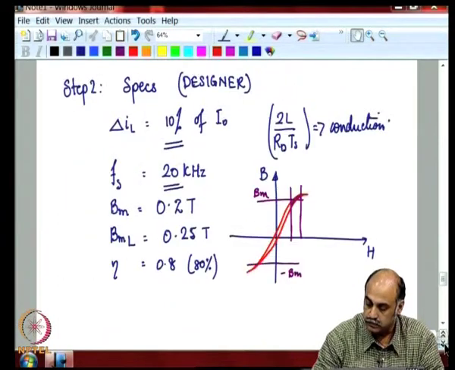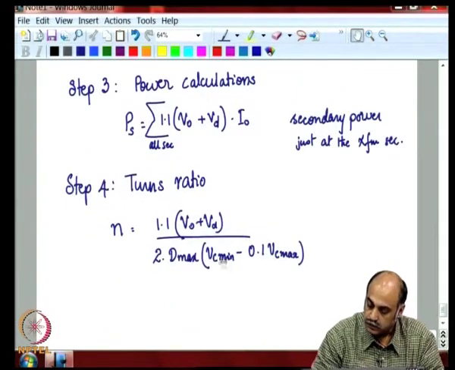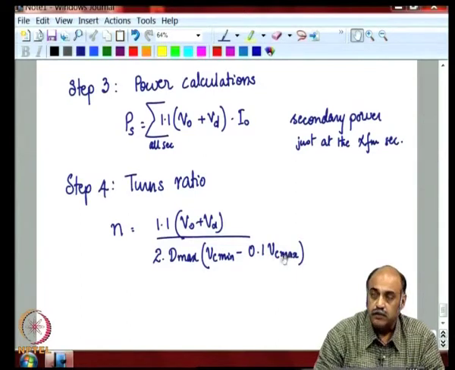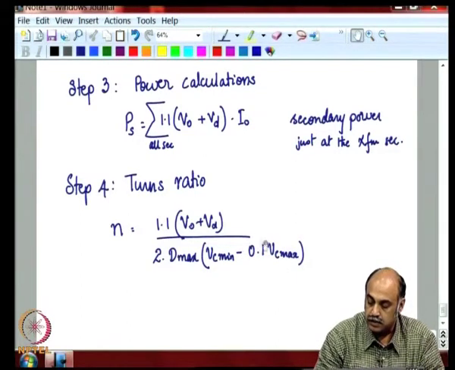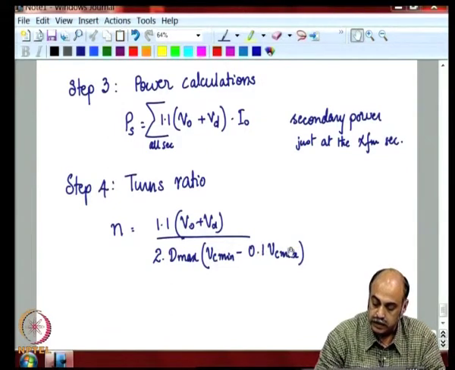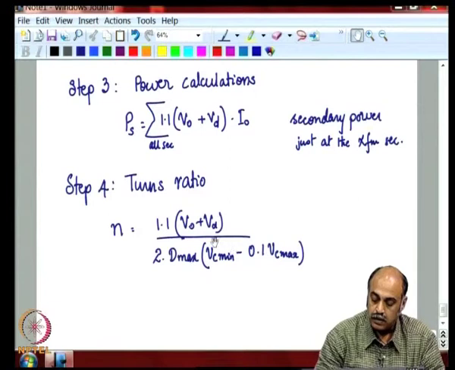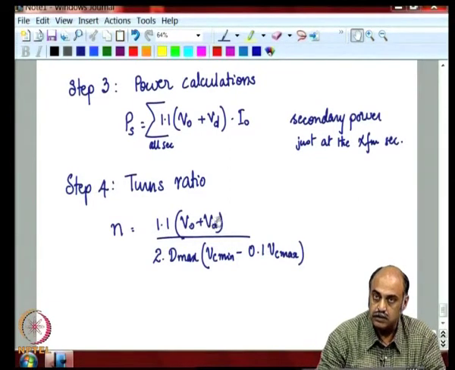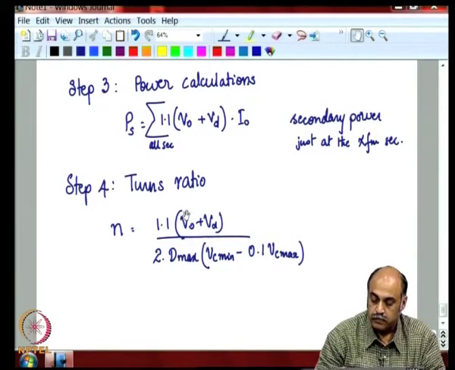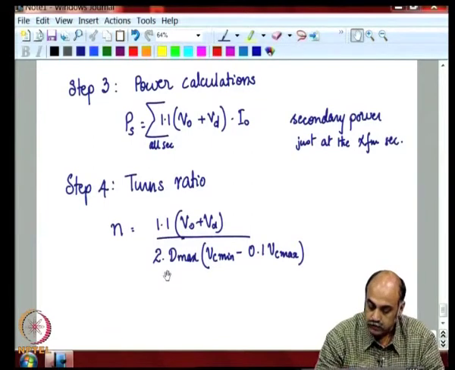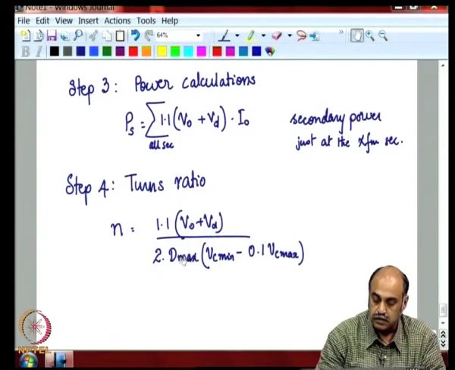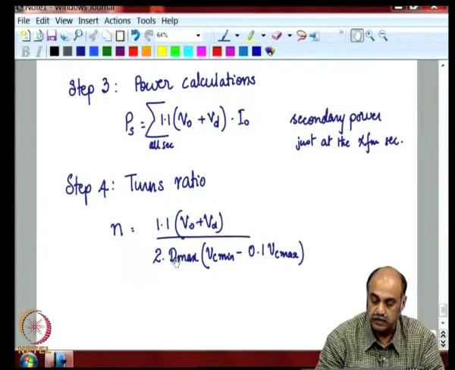So, therefore, Vc min minus 0.1 Vc max is nothing but the drop across the flux walking capacitance occurring at the primary, and 1.1 V naught plus Vd is the peak voltage across the secondary. Okay. And this 2 times D max is basically because of the rectification effect.